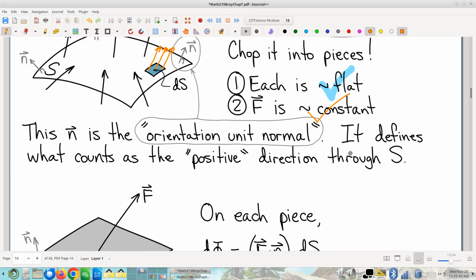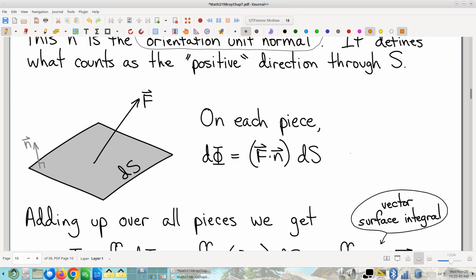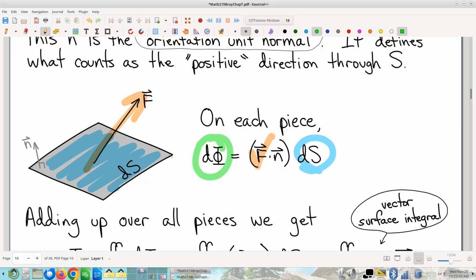And approximately, what we're talking about then is, again, for each little piece of area of size ds, and if you're looking at a vector field that is approximately constant, then we have our usual formula for the amount of flux that we get from that one little piece: vector field dot normal vector times the area.